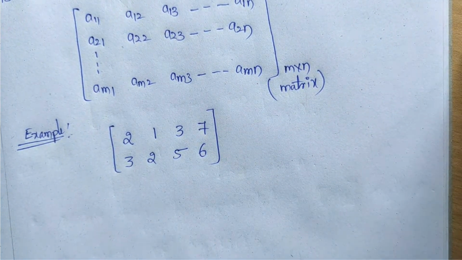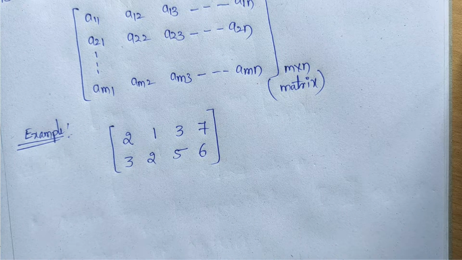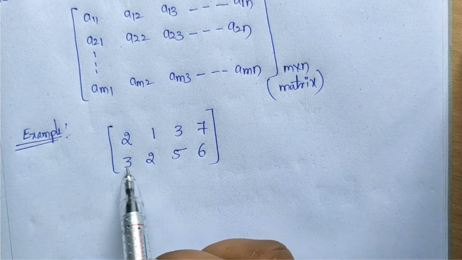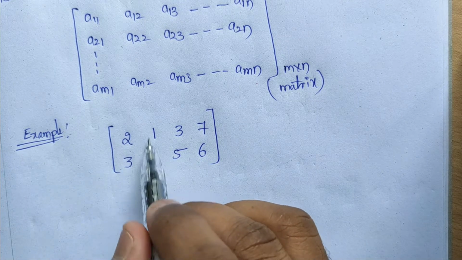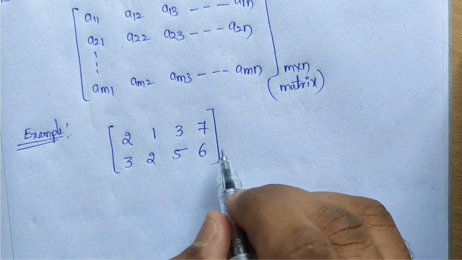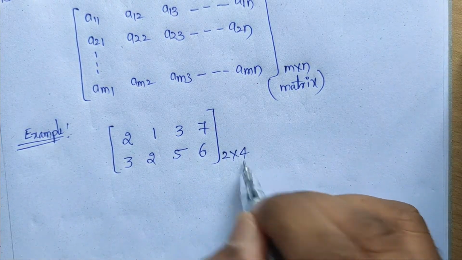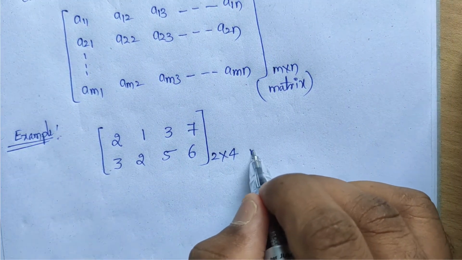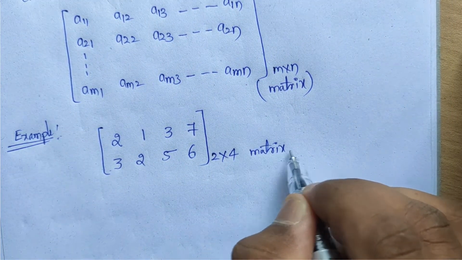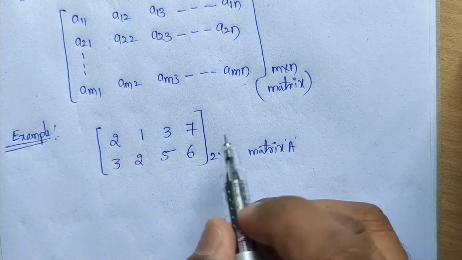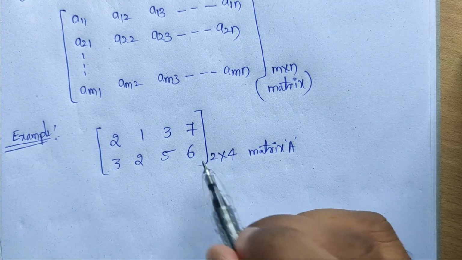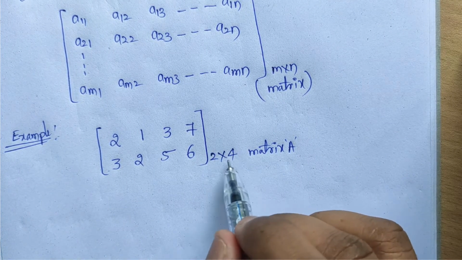The rows are 2 and the columns are 1, 2, 3, 4. It is a 2 cross 4 matrix A. 2 are the rows, 4 are the columns.